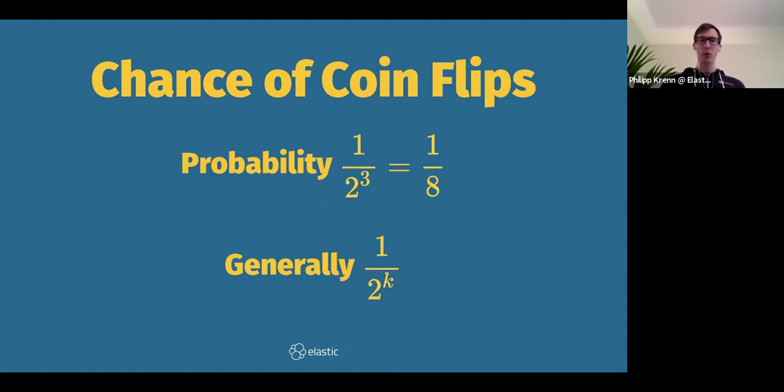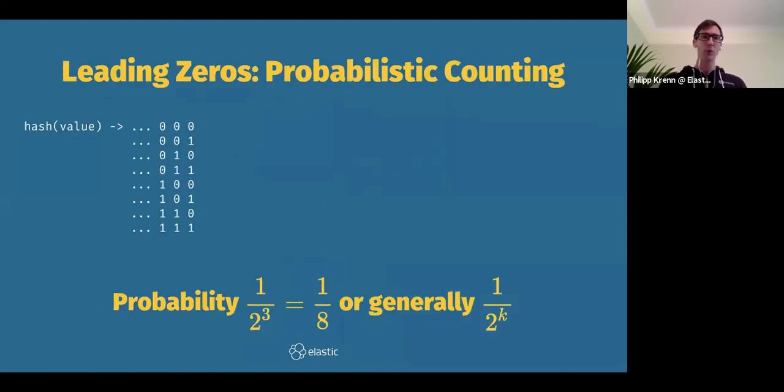Now, you could apply that to our data set as well. What you basically do is hash the value, then you have a binary representation of that, and then you count the leading zeros. Leading zeros in this example are read from the right to the left. So here you can see, if you just have these possible combinations, having 3 leading zeros would be a chance of 1 in 8 again. Or the general calculation applies, since with a binary representation, again, you have 2 options.